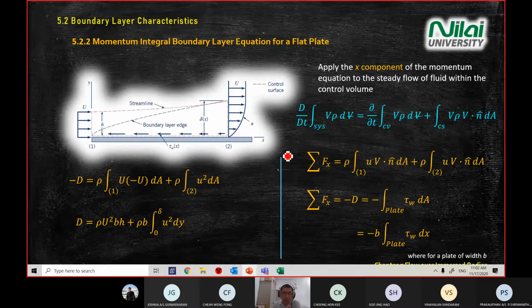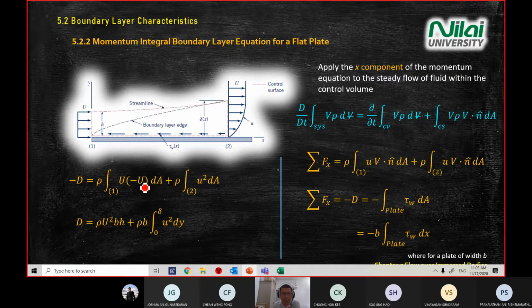What has changed when you transfer the momentum equation is the rho continues. For section 1, your u component you change to the big U. V dot n means you need to look at the control surface direction.